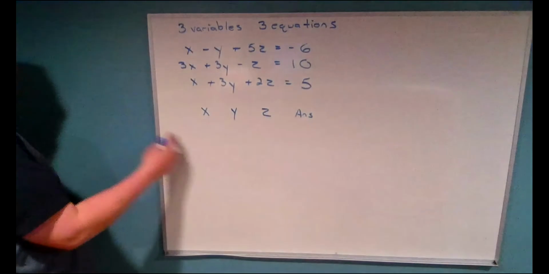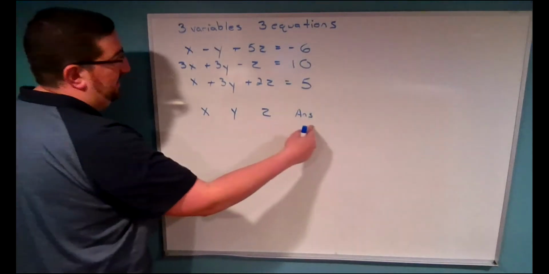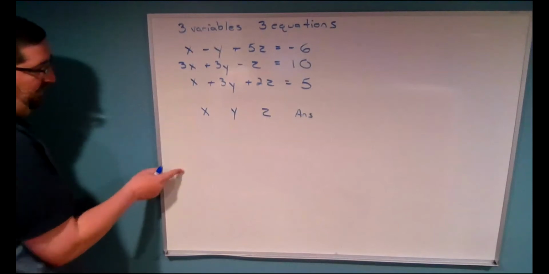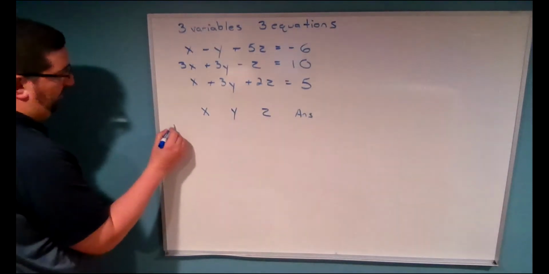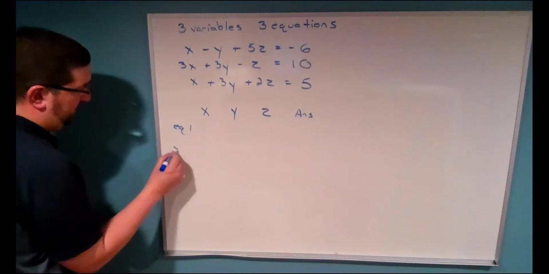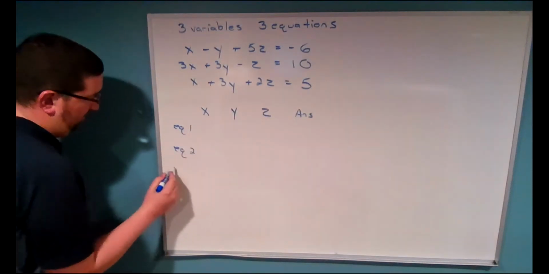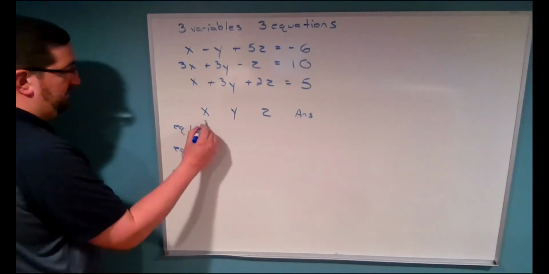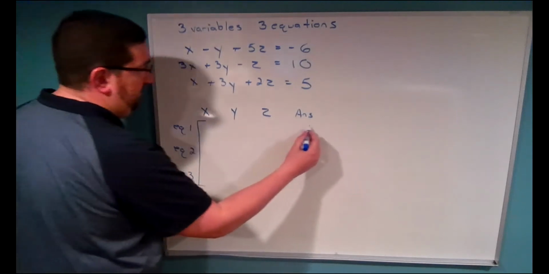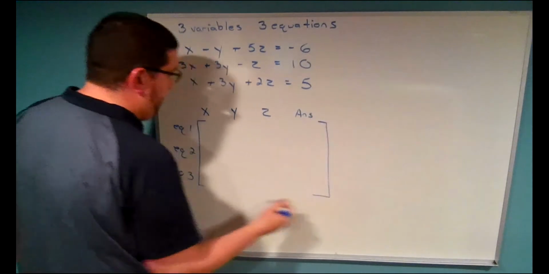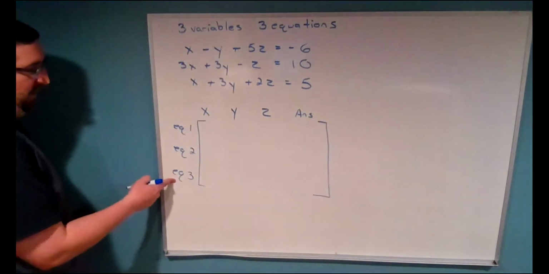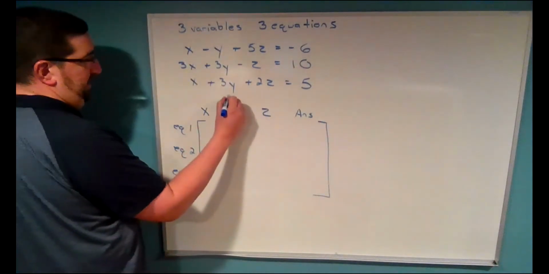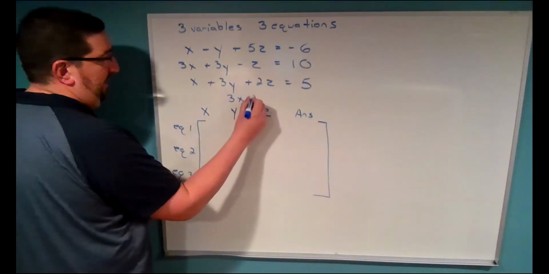So we have 4 columns, and because there are 3 equations, we're going to have 3 rows: a row representing equation 1, a row representing equation 2, and a row representing equation 3. So this is going to be a 3-row by 4-column matrix.